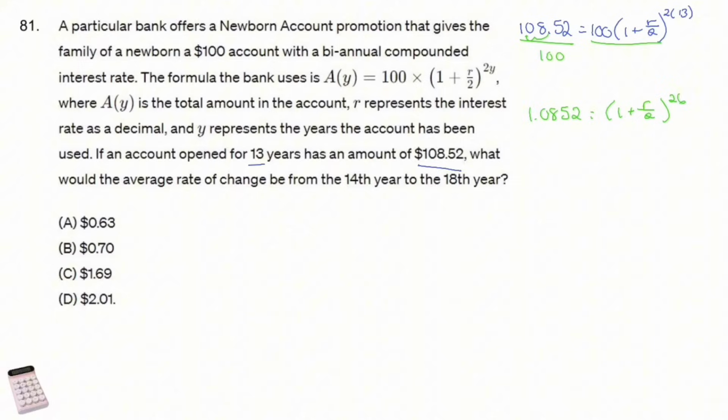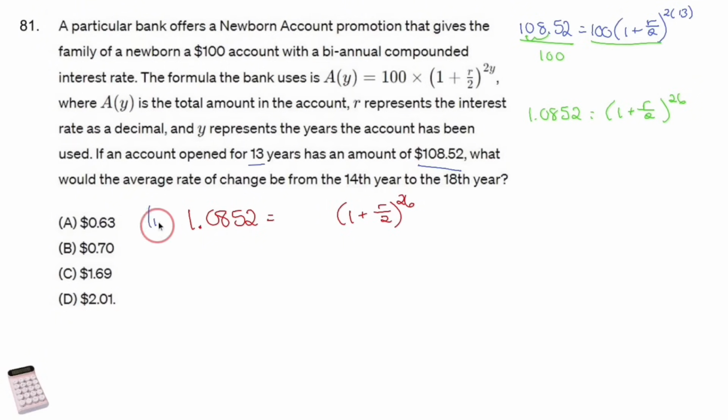All right, now let me take this and rewrite it over here with all of this space. We are going to do something that you've probably never done in class. Maybe you have, maybe you haven't. But my issue right now is I have an r trapped inside a parentheses. I need to bring this 26 down. Somehow I need to bring it down. So this is what I'm going to do.